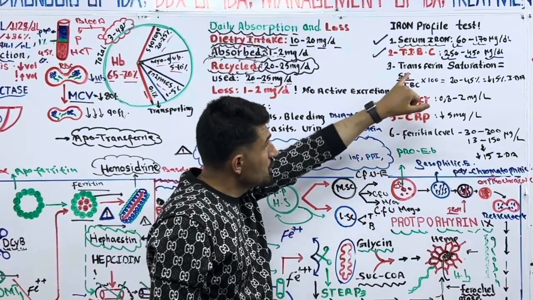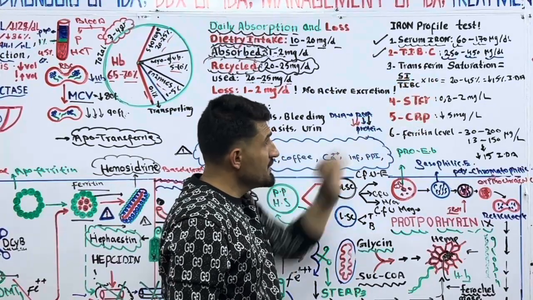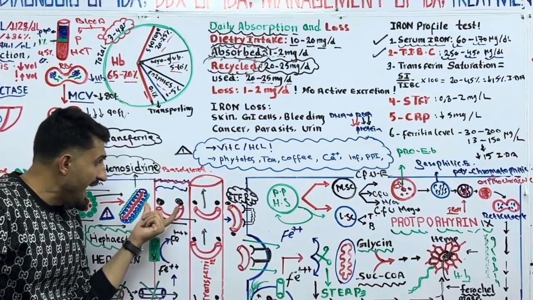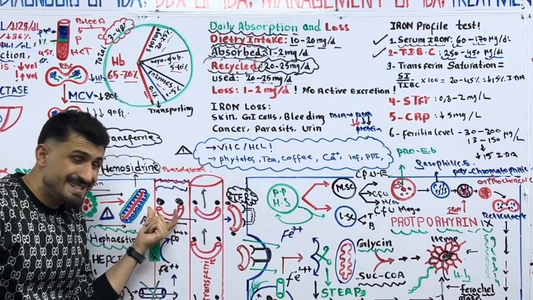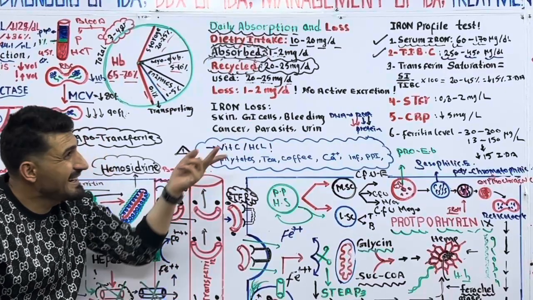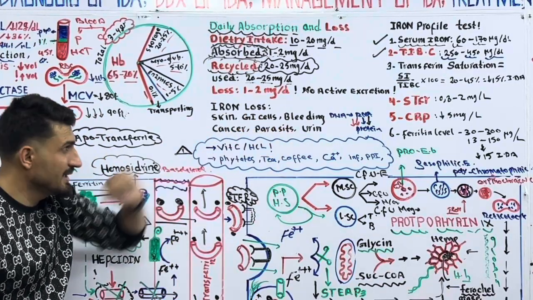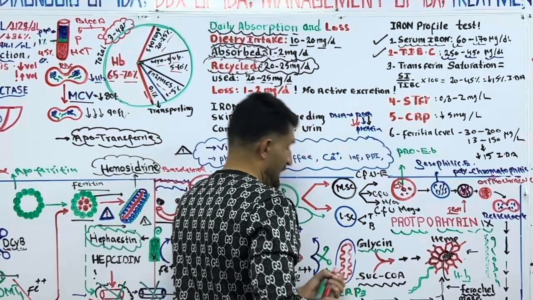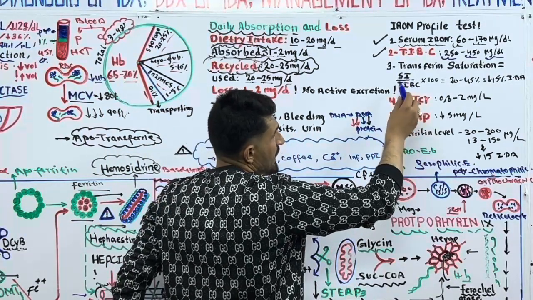Now let me talk about transferrin saturation. Transferrin saturation explains what percentage of this transferrin is saturated by iron. It's like the reverse of total iron binding capacity. How can we find transferrin saturation?